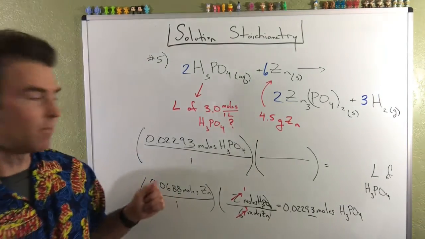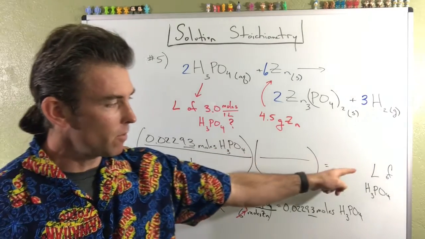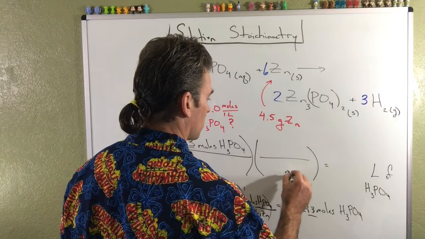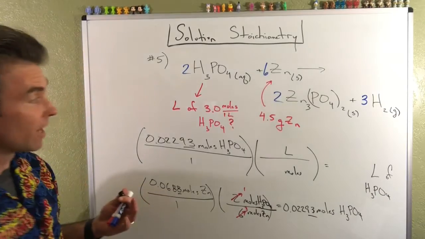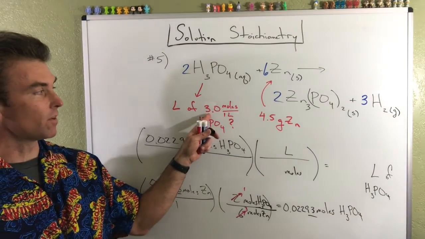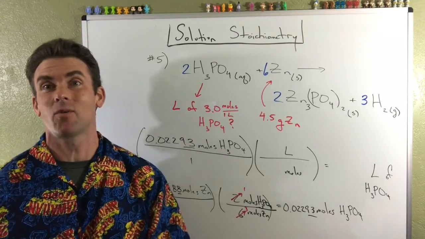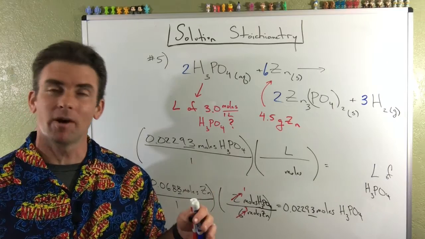Okay, there's the setup of the dimensional analysis. So we got moles of H3PO4 and we want to go to liters of H3PO4. Notice what the molarity gives us, right? We know that there are 3.0 moles in every 1 liter. That's why I like to write out molarity, because if that was written as a big M, it just makes my brain hurt.